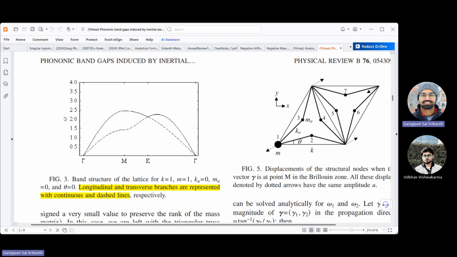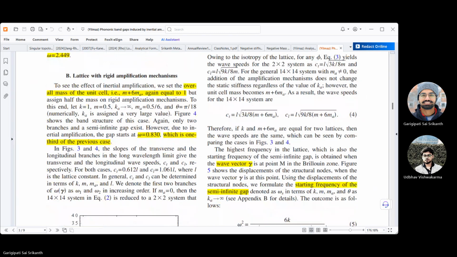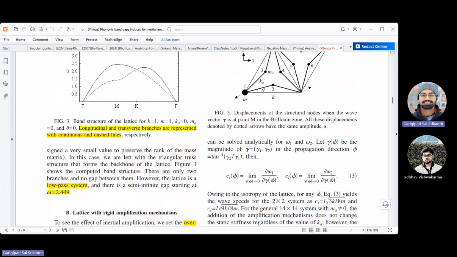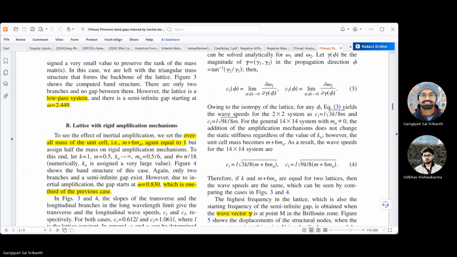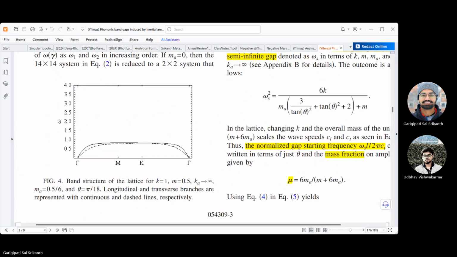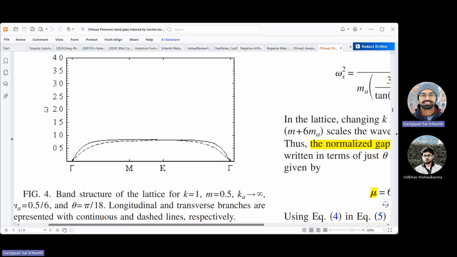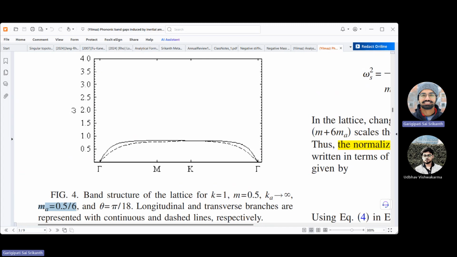Solid represents the longitudinal, and dashed represents the transverse branch. See the stark difference. The cutoffs are somewhere near 2.5. This Ma is like 0.5 by 6. Still not huge, actually.